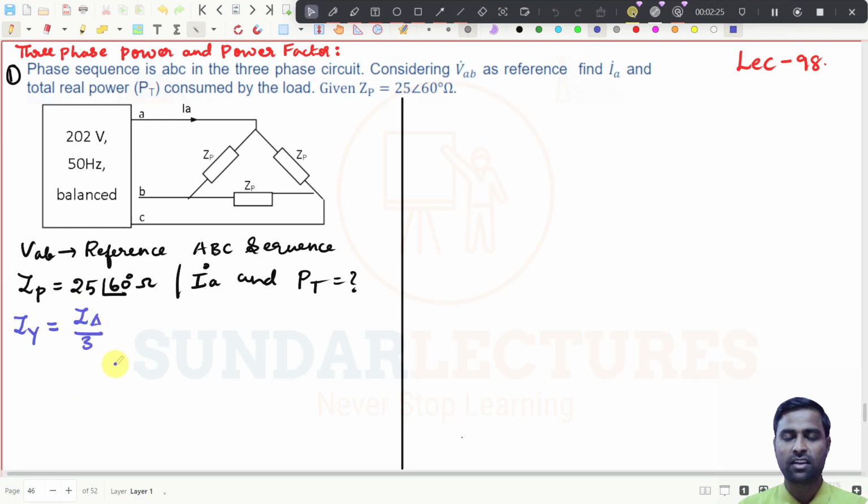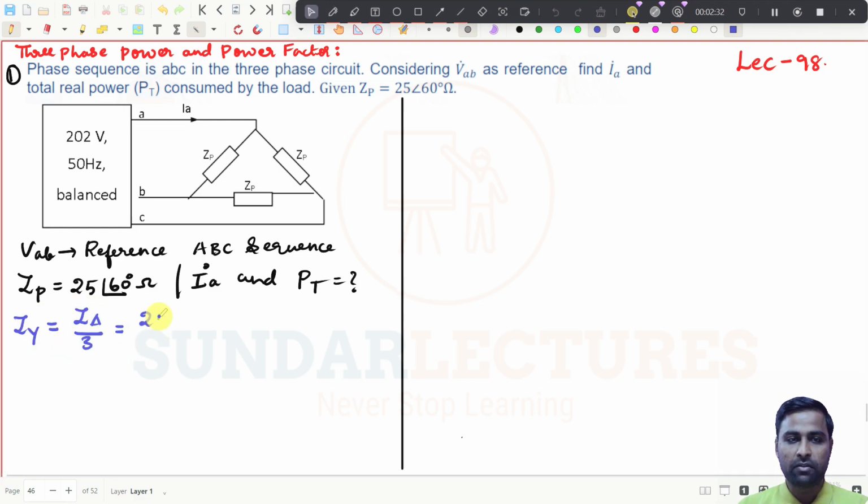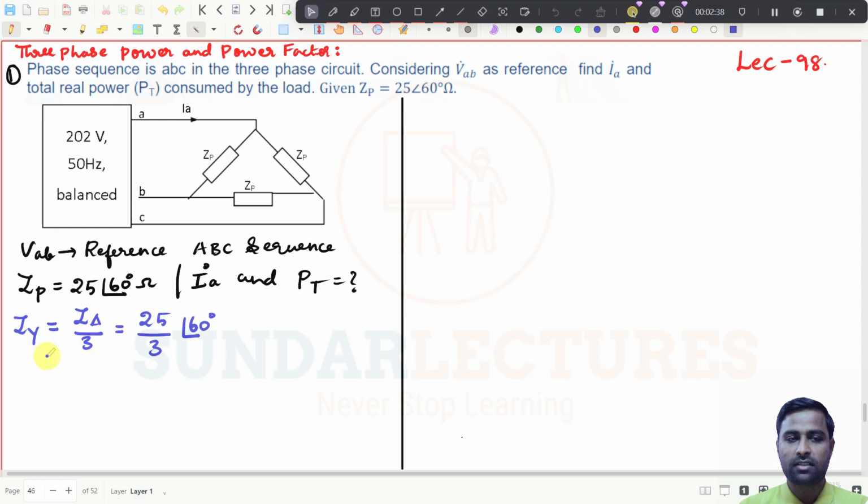We have seen these kinds of equations, and I have already derived this particular equation. So it will be 25 divided by 3 at an angle of 60 degrees. This is the equivalent star connected impedance.